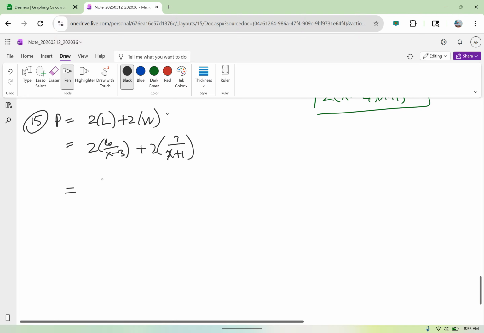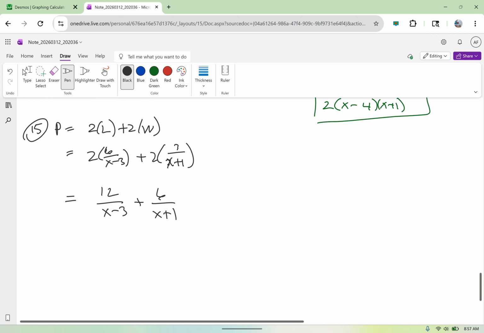And we do the math. And we need to have common denominators in order to do the math. I like to stack it instead. This needs to be multiplied times x plus 1. This needs to be multiplied times x minus 3.